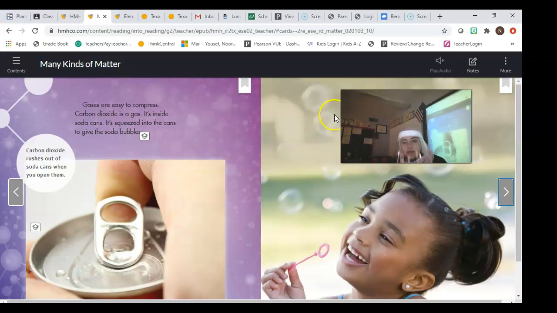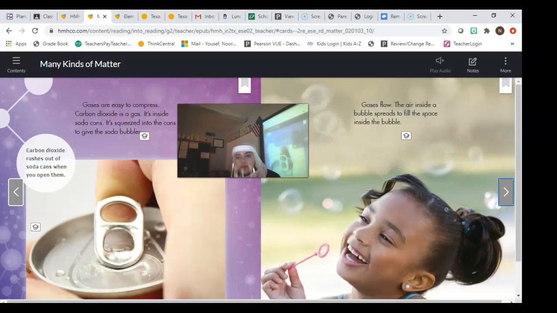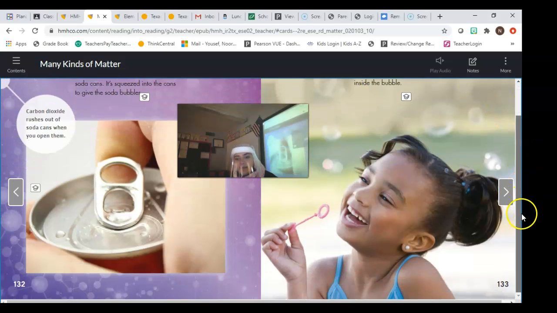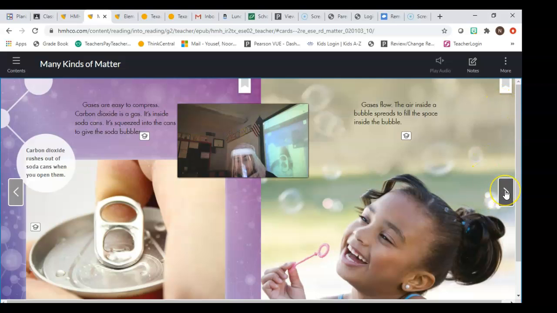Let's keep going. Gases flow. The air inside a bubble spreads to fill the space inside the bubble. Think about what you know about bubbles and gases. Why does the air inside a bubble spread to fill the space inside the bubble? Air is a what? Just say it, everybody. Gas.